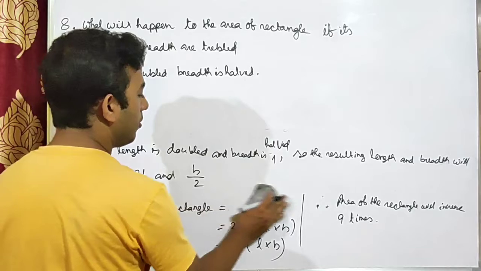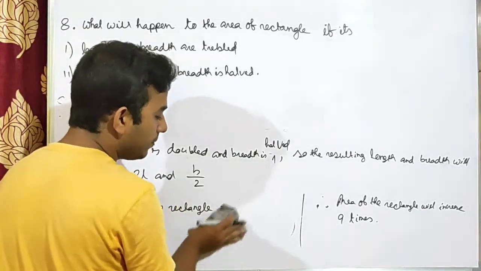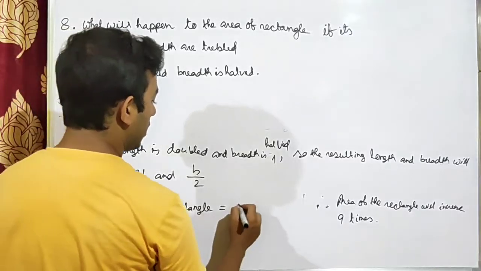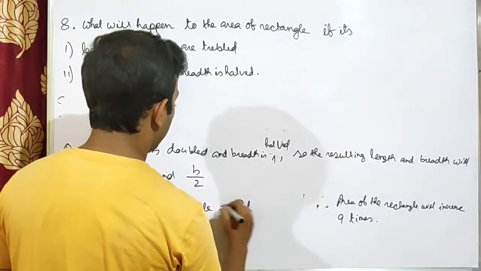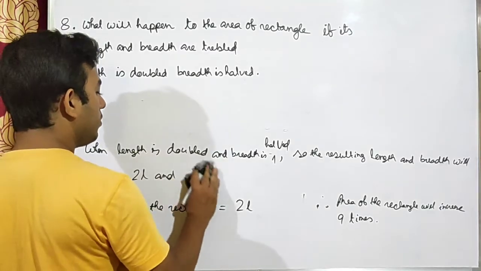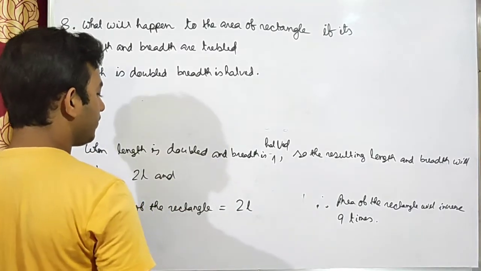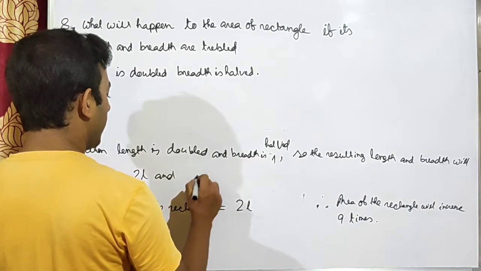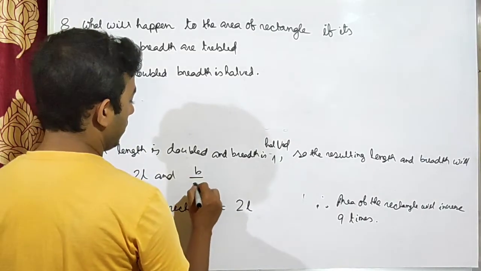Can anyone guess what will be the change? The area of the rectangle will be 2L into half into B, or B by 2, no problem.